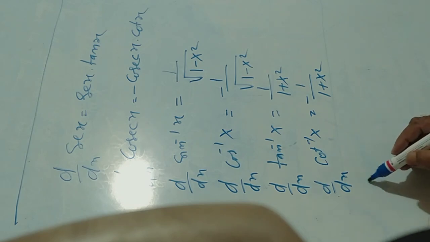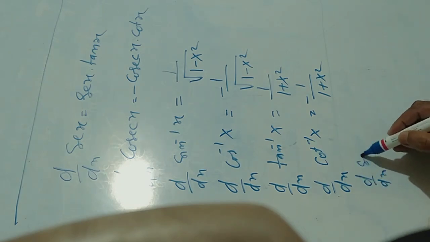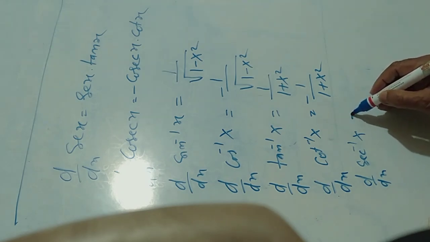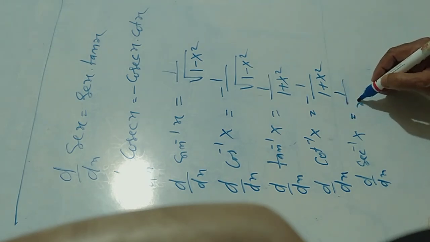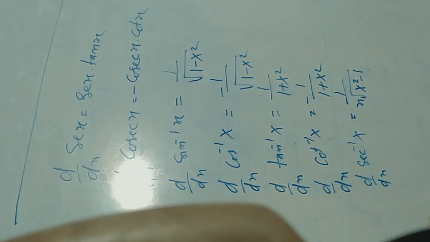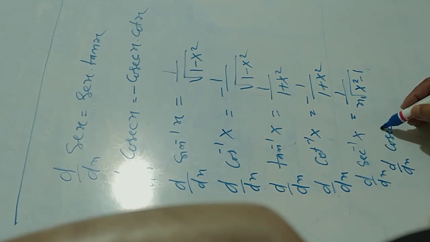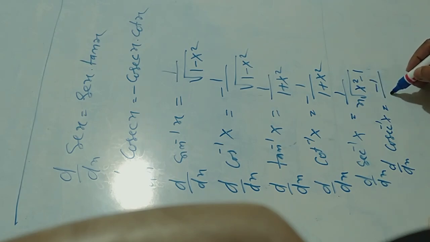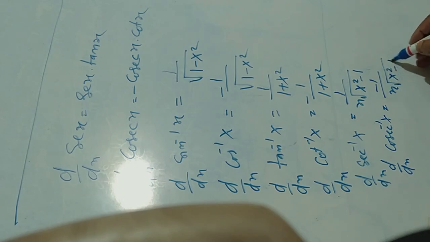d/dx of sec inverse x is equal to 1 upon x under root x square minus 1, right? d/dx of cosec inverse x is equal to minus 1 upon x under root x square minus 1.